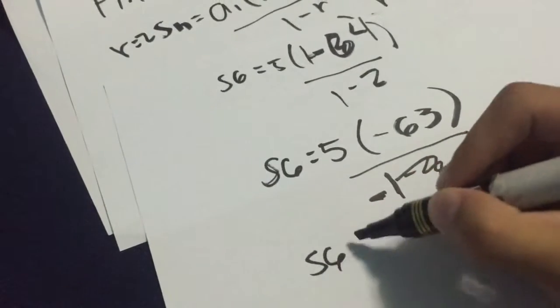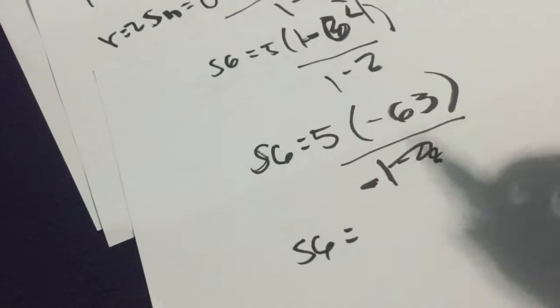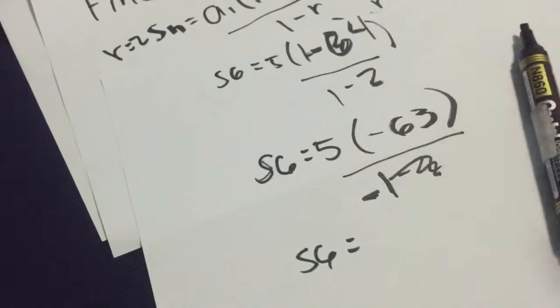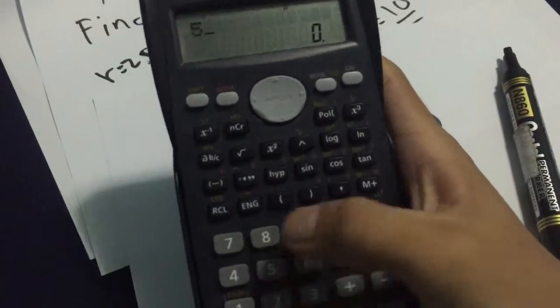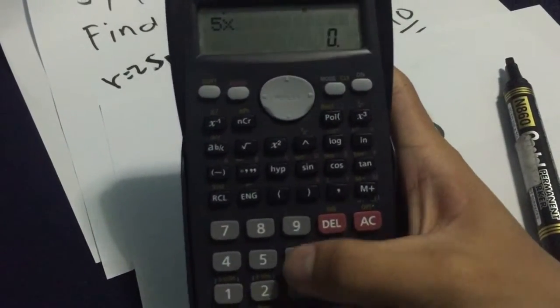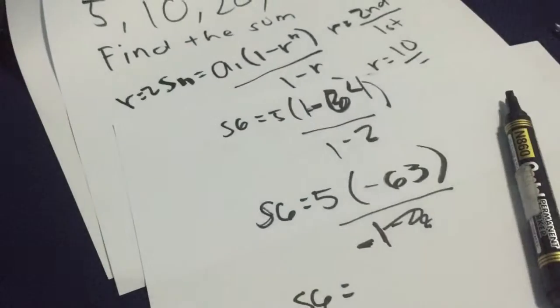So S6 is equal to 5 times negative 63. 5 times 63 is equal to 315.